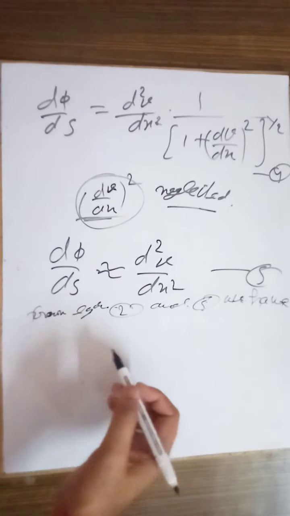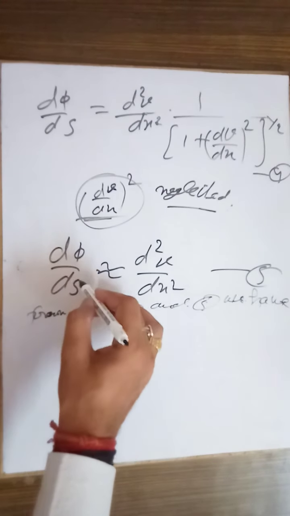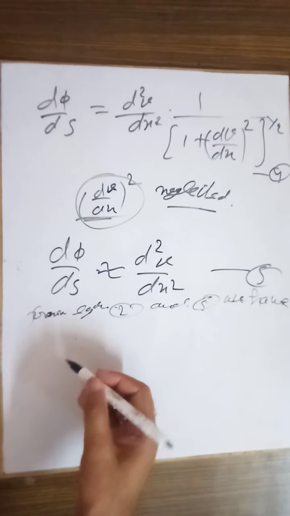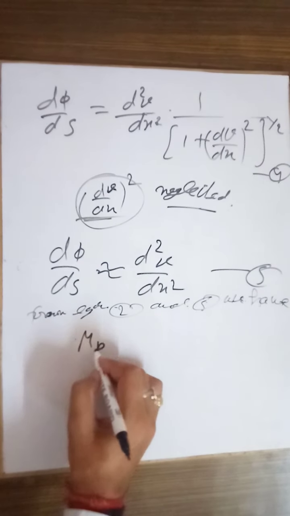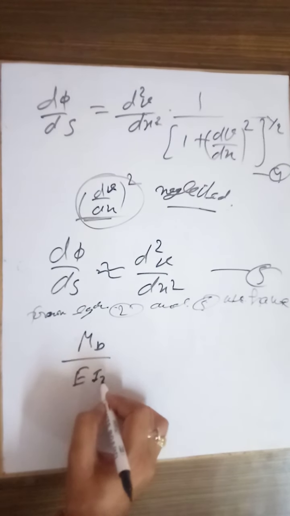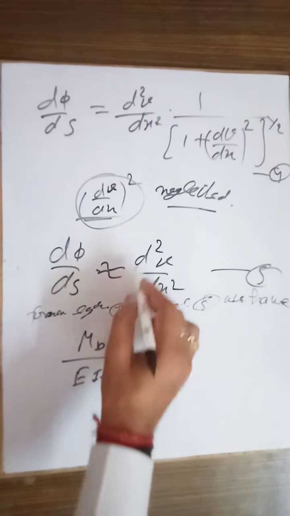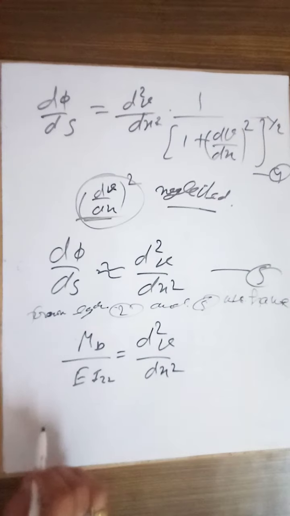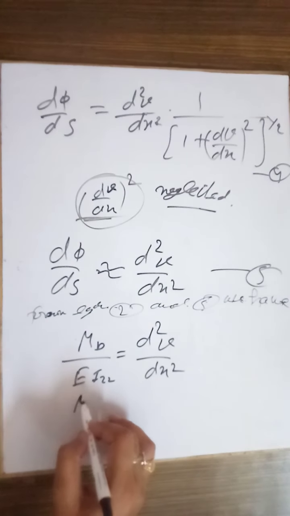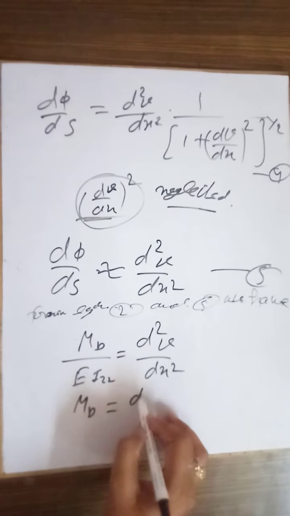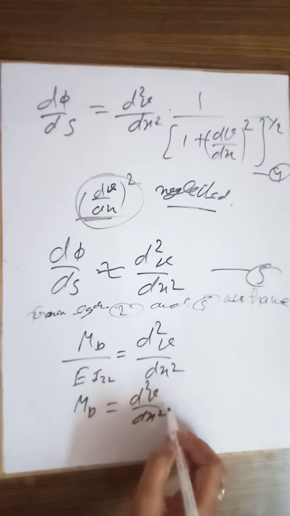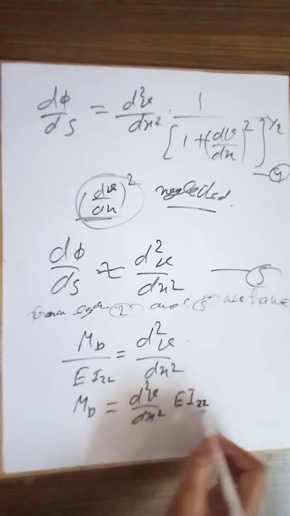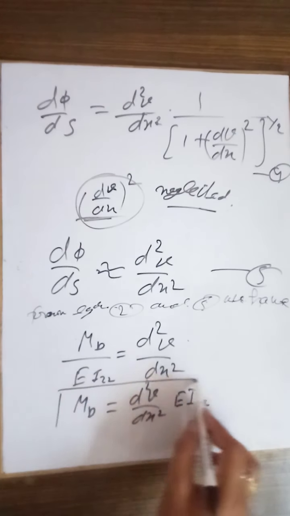So let me write the value of d phi by ds from equation number 2. That was simply Mb upon E Izz, which is equal to this term, d square v by dx2. So by this we can write Mb is equal to d2v over dx2 times E Izz.